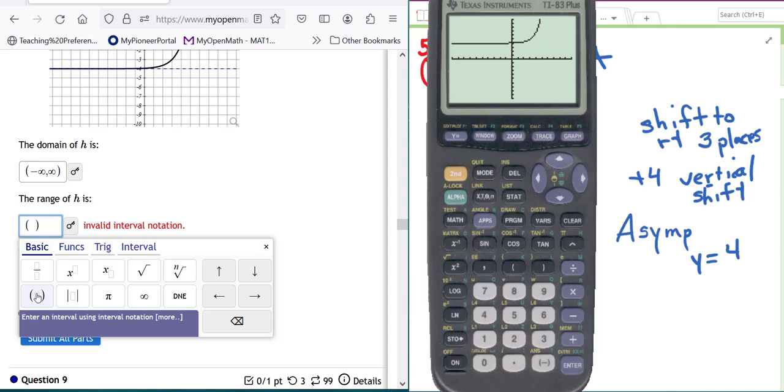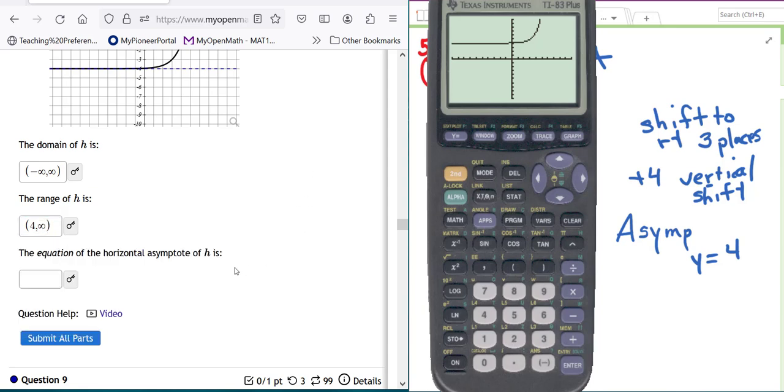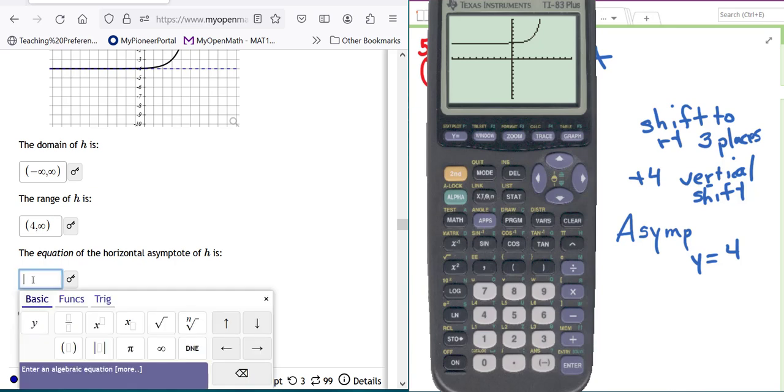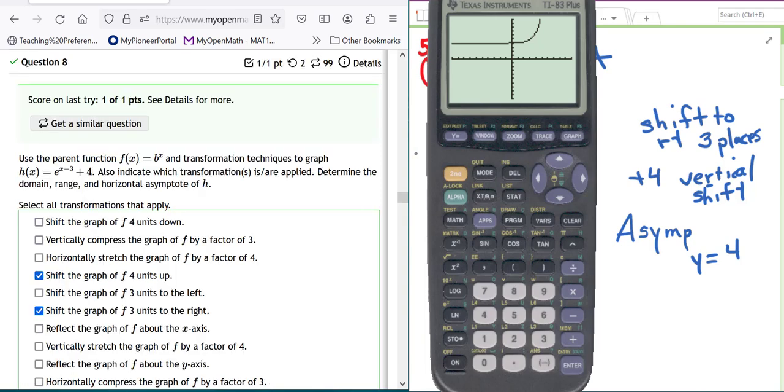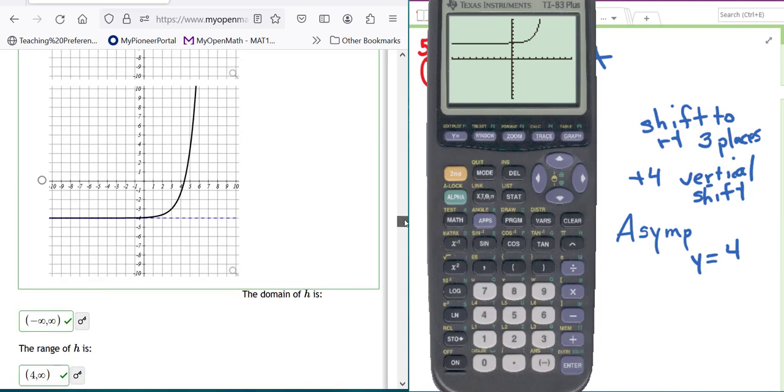All right, so that is positive 4, comma, and infinity. All right, and the equation of our asymptote, I did that to begin with, is y equals 4. All right, there we go. There's all our parts.